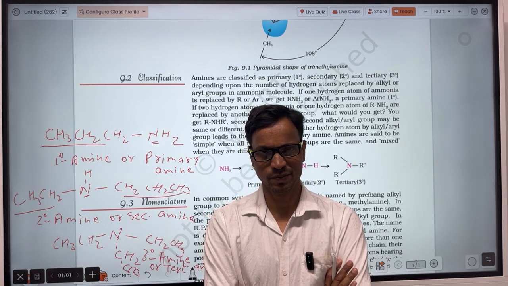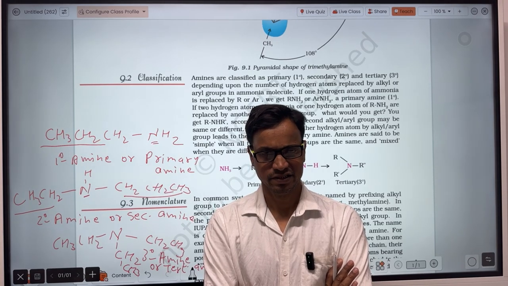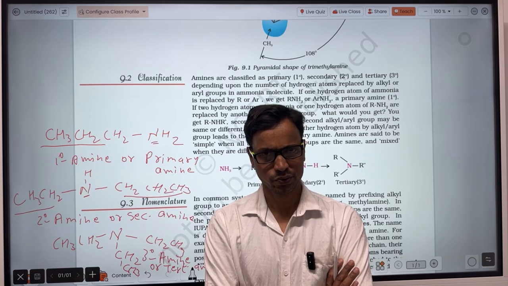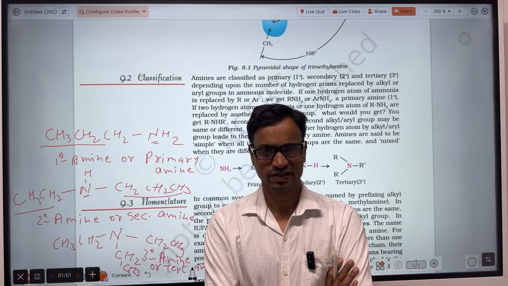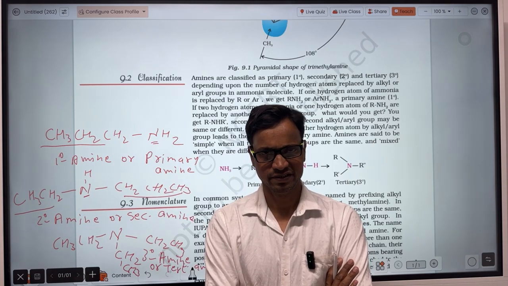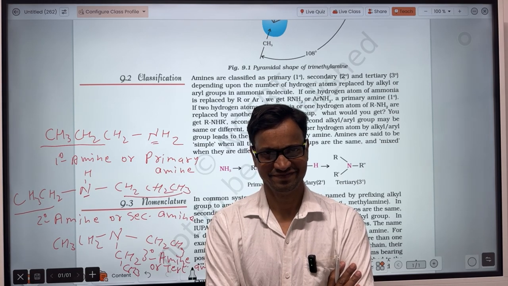If two hydrocarbon groups are bonded to a nitrogen, then that amine will be called secondary amine or 2-degree amine. And if there are 3 hydrocarbons bonded to one nitrogen, then the compound will be called 3-degree amine or tertiary amine.